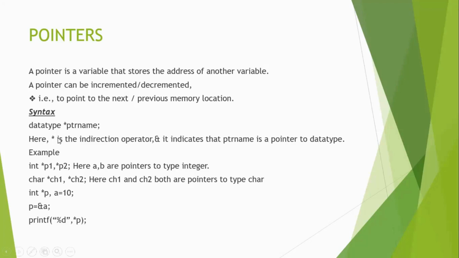For example, I'm declaring an integer pointer, int asterisk p1. Here the variable name starts with an alphabet, and then I can accompany it with a number, so I can give a name as an alphanumeric word.